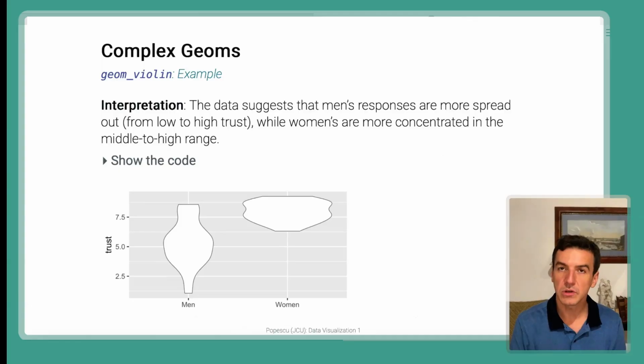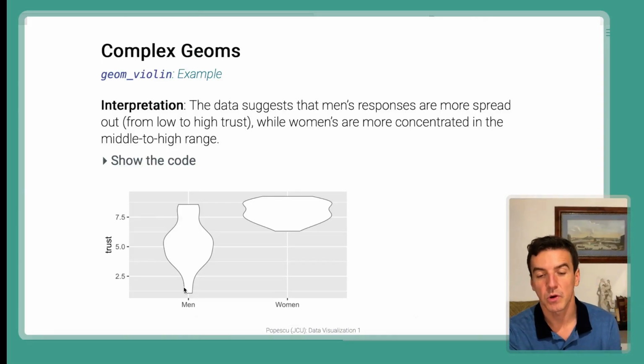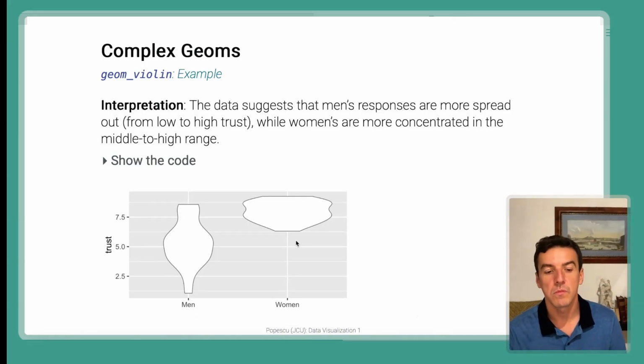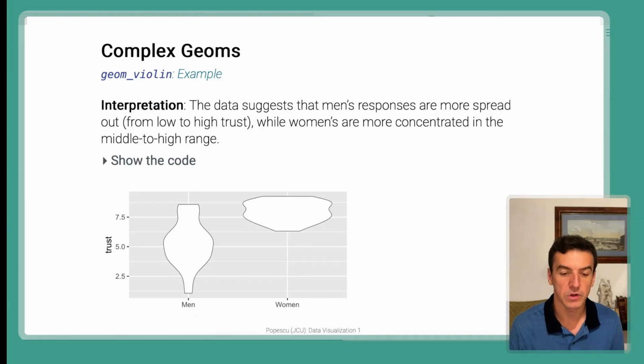The interpretation here is that men's responses are more spread out from low to high trust, whereas women's responses are much more concentrated into the mid to high range, meaning women tend to trust government more, and it seems like on average, many women do so, whereas men are more spread out.